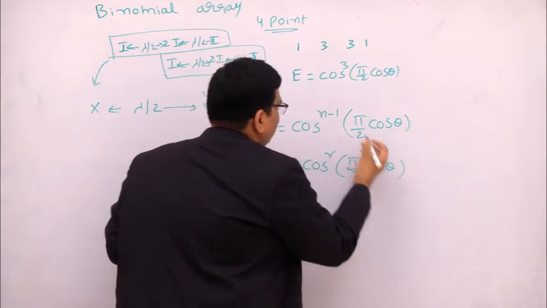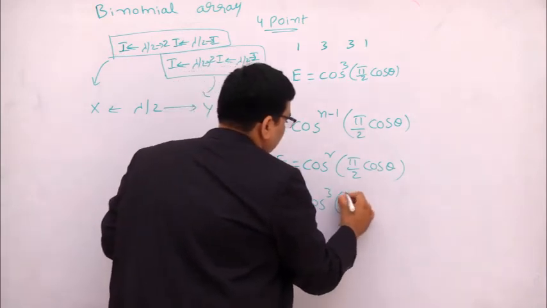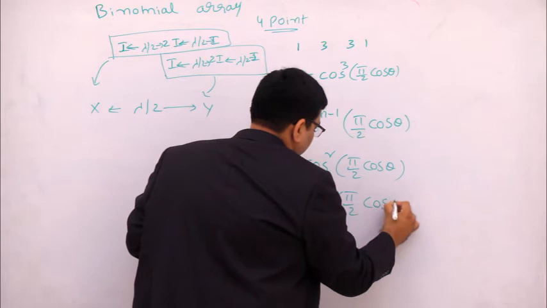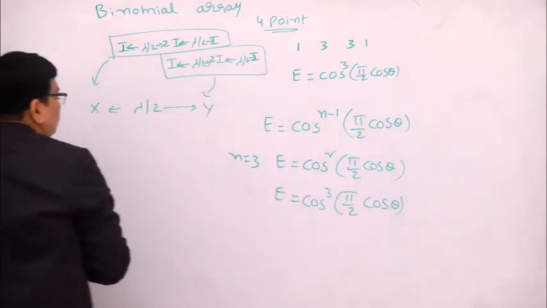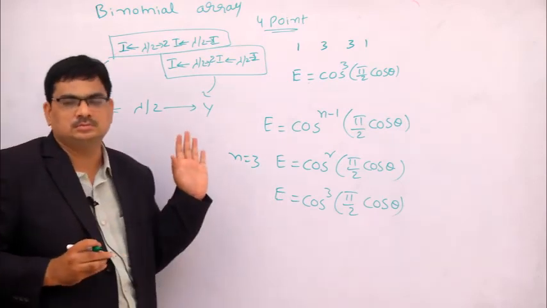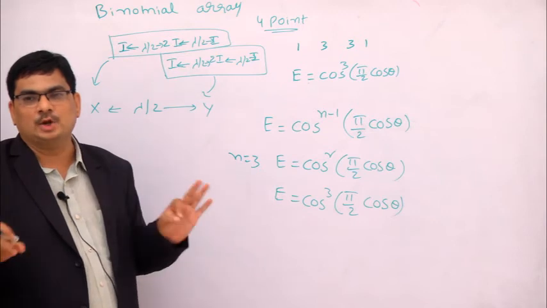If you substitute 4 elements, then E equals cos cube of pi by 2 cos theta. So the advantage of this is the total pattern without any minor lobes.